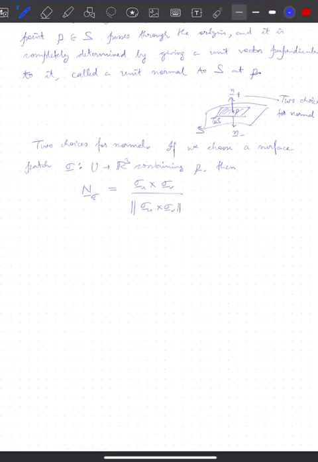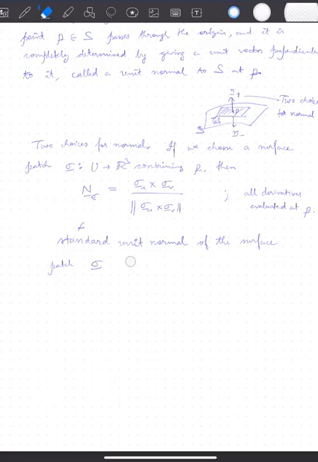So this is what we call the standard, with all derivatives evaluated. So this is the standard unit normal of the surface patch sigma at the point on the surface, vector P.